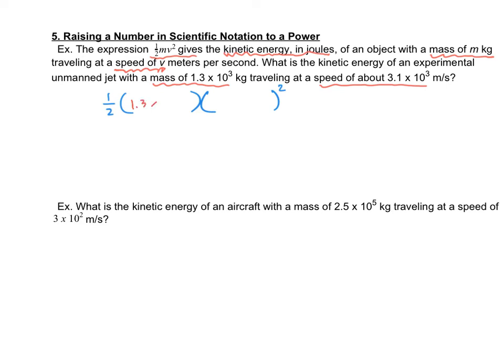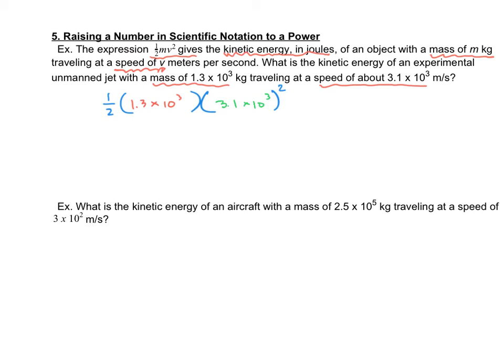I have 1.3 times 10 to the third. And then they told me that my speed was 3.1 times 10 to the third. Okay, so I have 3.1 times 10 to the third. And let's see here if we do some simplifying.